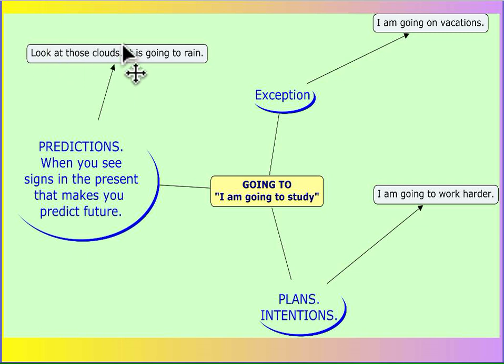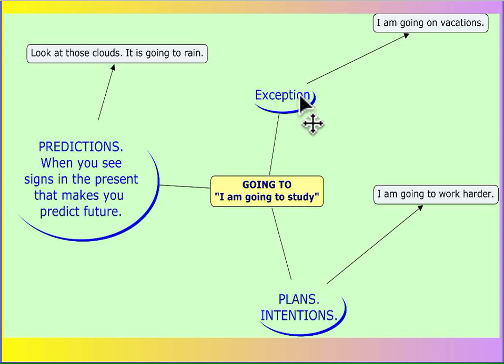You see the clouds now, in the present. Then it makes you think that it's going to rain. It's your prediction according to what you see now. Or stop that, you're going to fall. I see now that you're doing something dangerous, so I predict that you're going to fall.